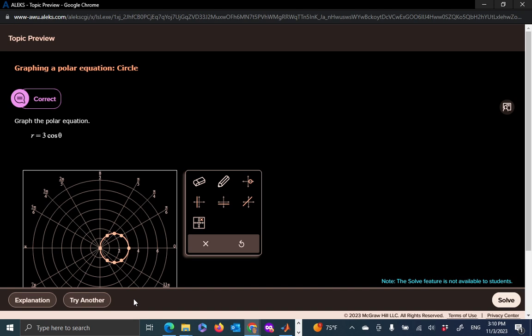Similarly with sine, or if the coefficient here is negative, always remember that you're going to go in the opposite direction of the ray that you're opening. So you can always use this polar tool for getting some points of the graph, and then make an educated guess as to what your picture happens to be.